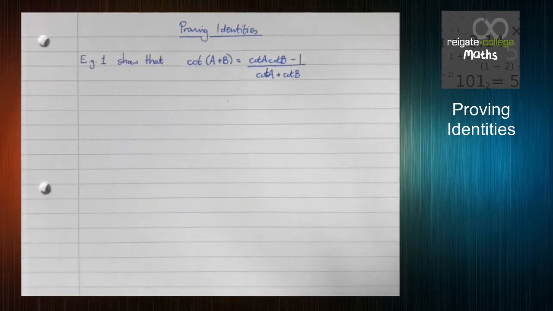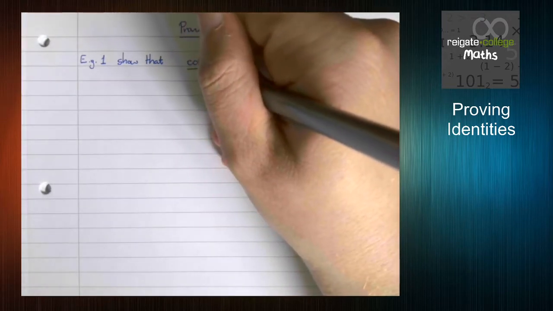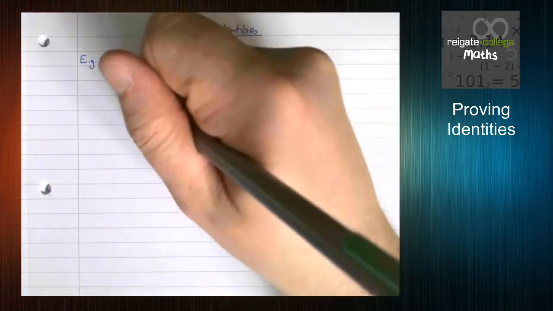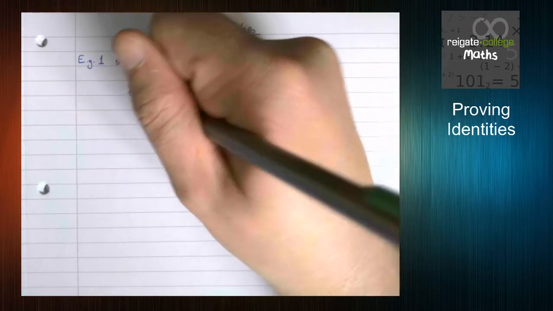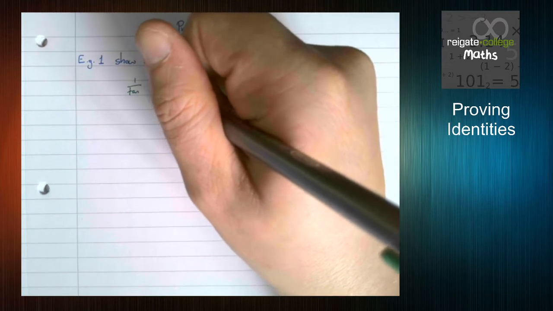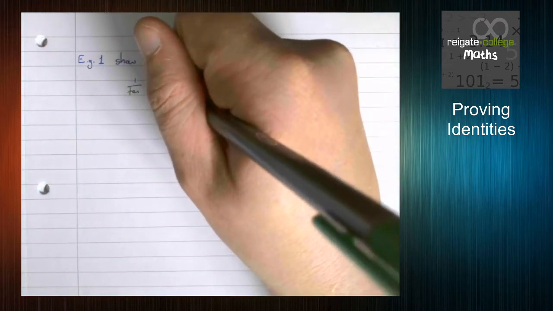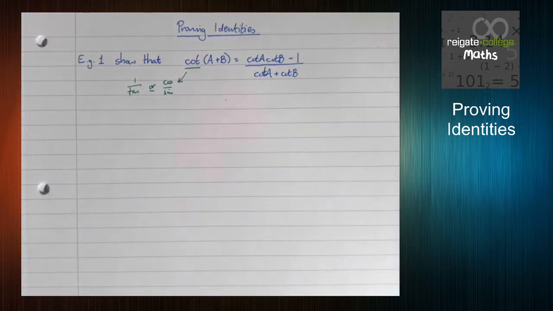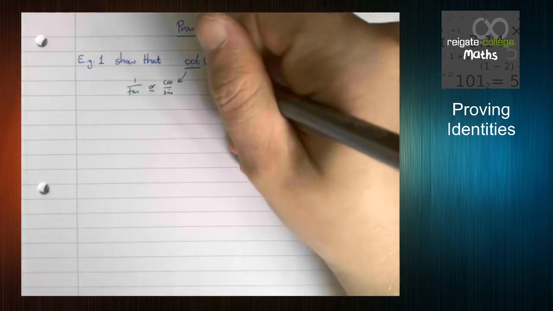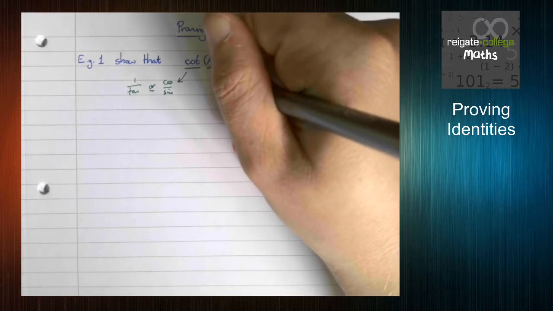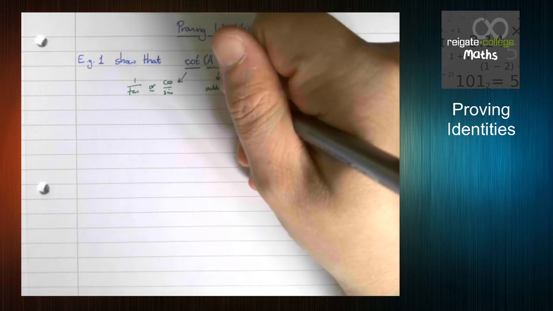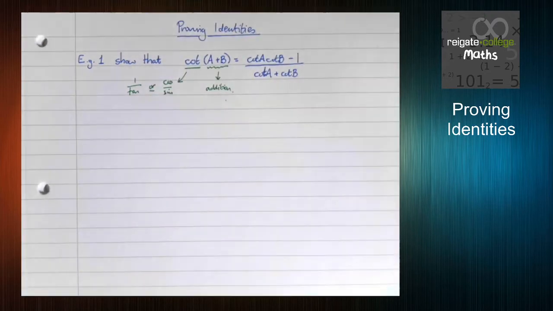Obviously we have a reciprocal trig function, we've got this cot here, so we're probably going to be using either 1 over tan or cos over sine. Which one we'll decide later. We've also got an A plus B, so we're going to have to use an addition formula. Maybe more than one.